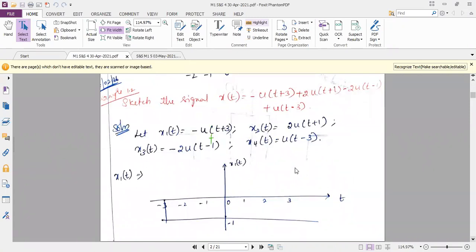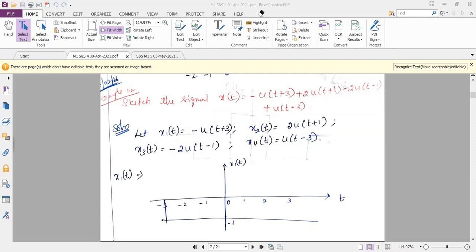Sketch the signal x of t is equal to minus u of t plus 3, plus 2 u of t plus 1, minus 2 u of t minus 1, plus u of t minus 3.